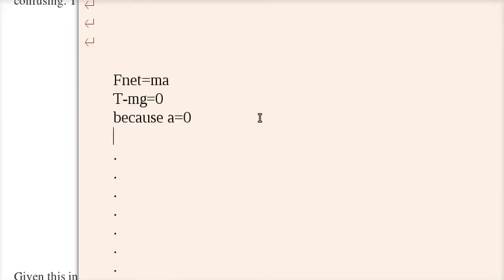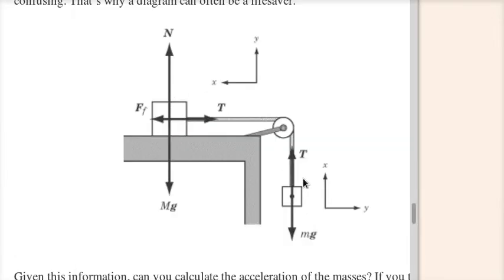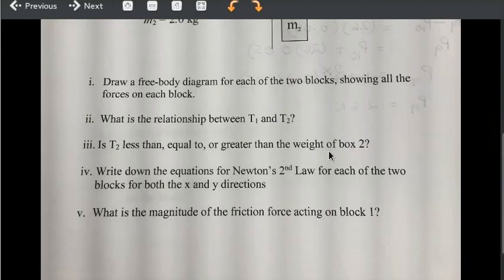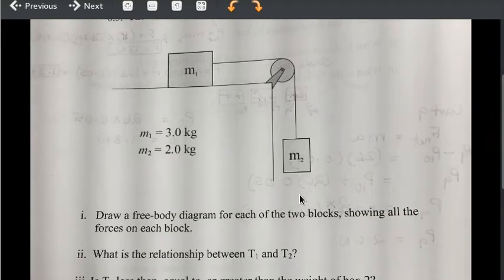And so the right side of this is F net equals ma, and the a is 0. And so T equals mg. This m, by the way, is labeled as M2.